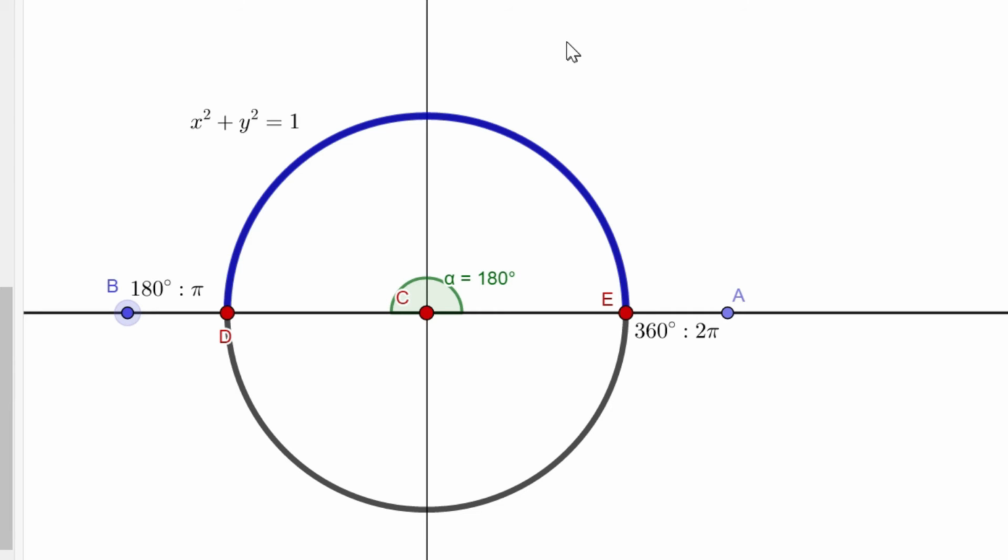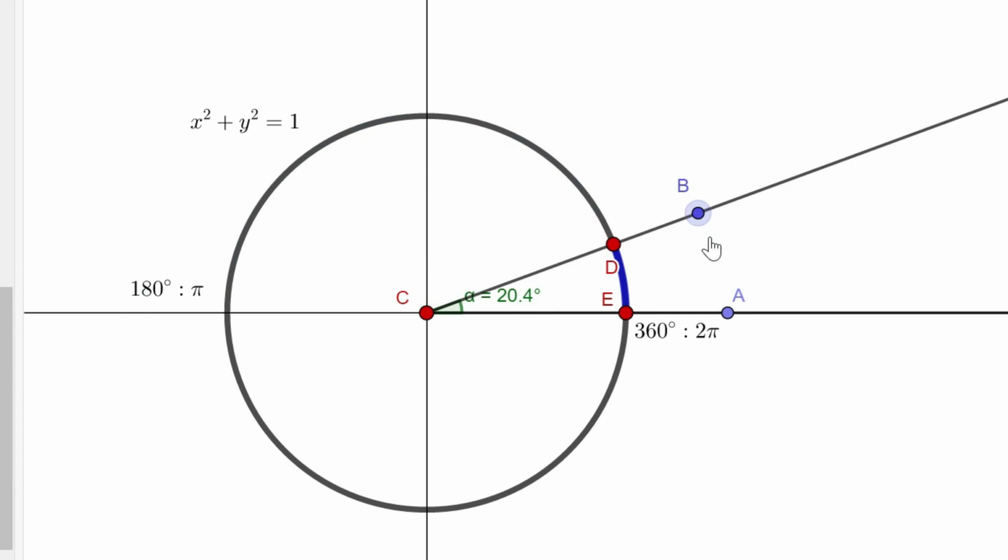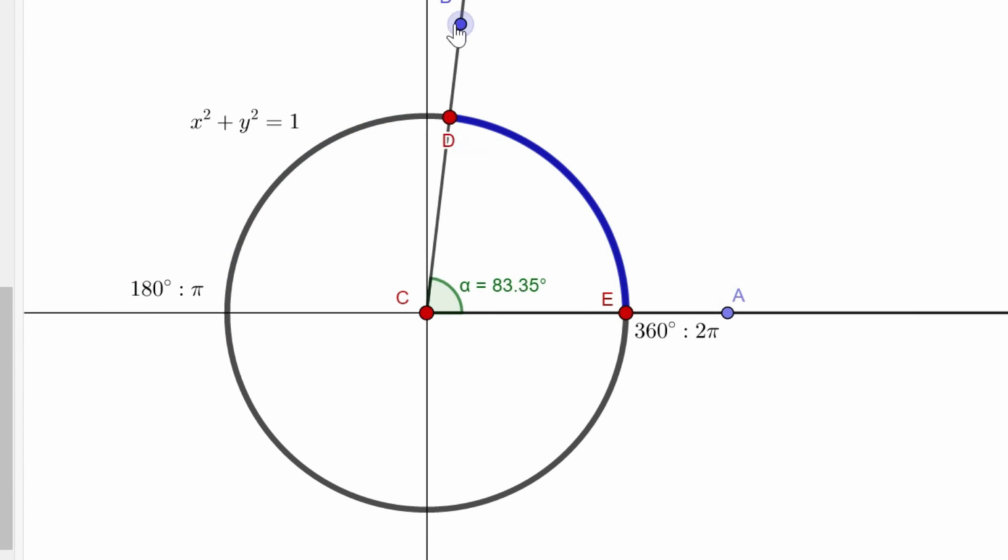So 180 degrees in degree measure is equivalent to pi or pi radians in radian measure. What if our rotation is only 1/4 of a complete revolution? So if it were 1/4 of a complete revolution, in degree measure that is 90 degrees, but in radian measure that is only pi divided by 2.